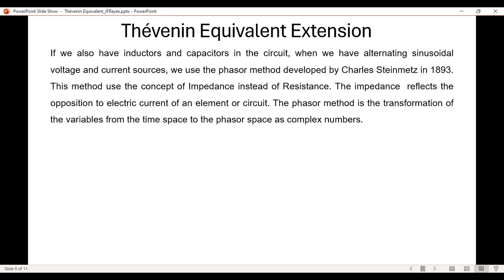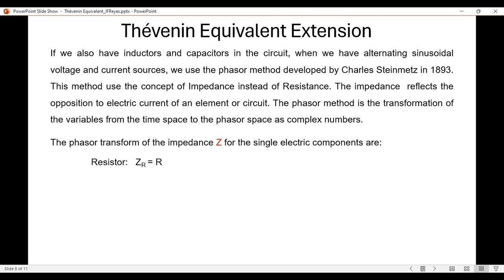The phasor method is the transformation of the variables from the time space to the phasor space as complex numbers. The phasor transform of the impedance Z for the single electric components are given by the following equations. For the resistor, the impedance is simply the value of the resistance R, which is a real number.